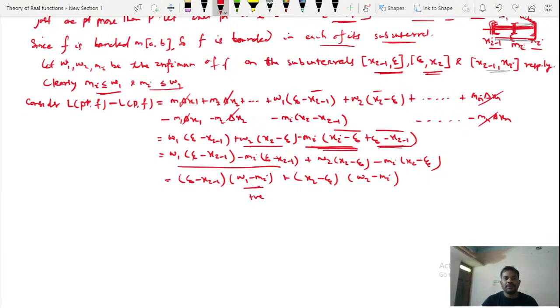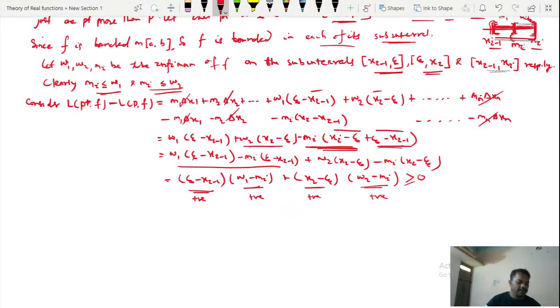Similarly mi is less than w2, so w2 minus mi is positive. And here xi is taken in between xi minus 1 to xi, so xi minus xi minus 1 is also positive, because xi lies between xi minus 1 and xi. So all terms are positive, so this is greater than or equal to 0.